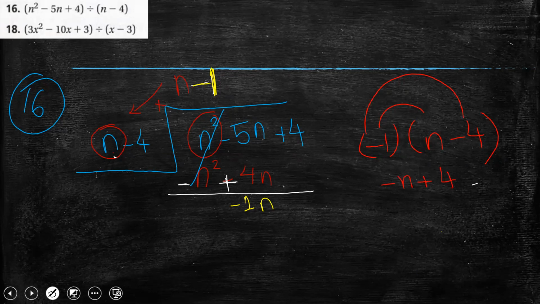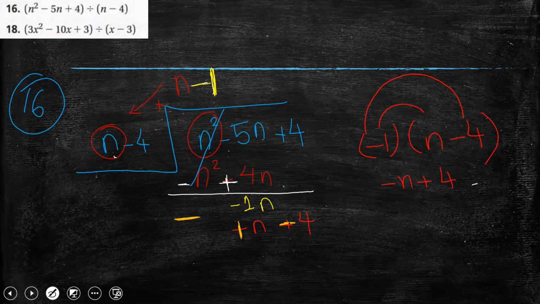So -n plus 4. Now, what do you have? You have a minus. This minus is like magic. It makes the minus plus and the plus minus.